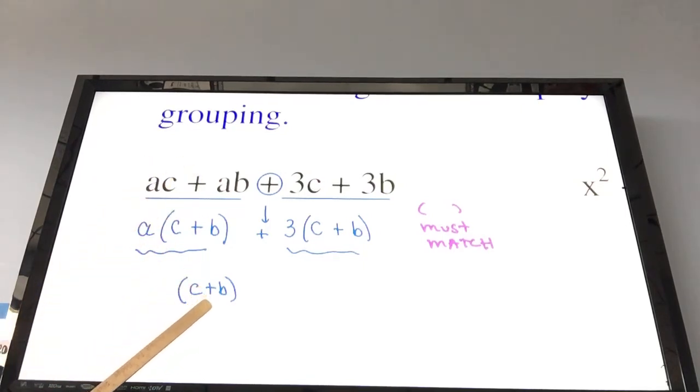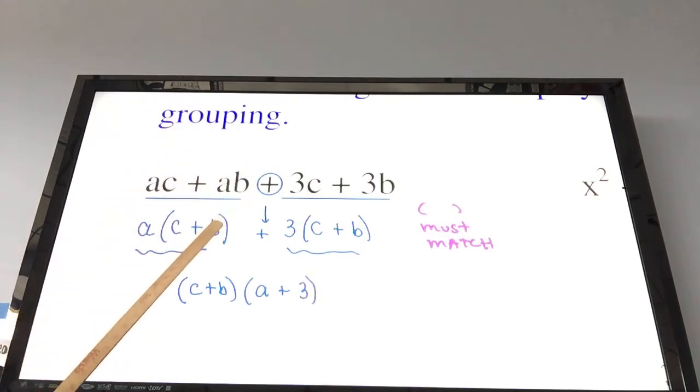So the C plus B comes out as the common factor. So when I take C plus B from this term, I'm left with my A, plus, when I take C plus B from the second term, I'm left with that 3.